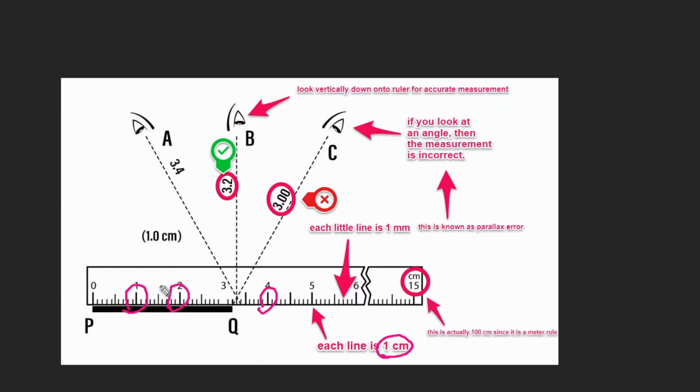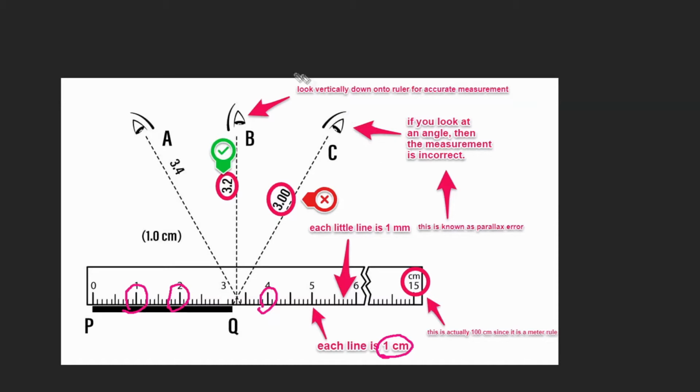So this is 1 centimeter, 2 centimeters, 3, 4, 5, 6, and so on. And remember, since it's a meter rule, this is actually supposed to be 100 centimeters instead of 15 centimeters. And each of these little lines represents 1 millimeter, because 10 of these little lines make up 1 centimeter.